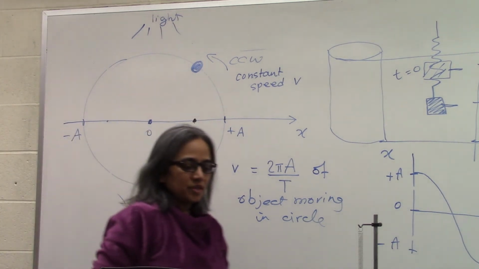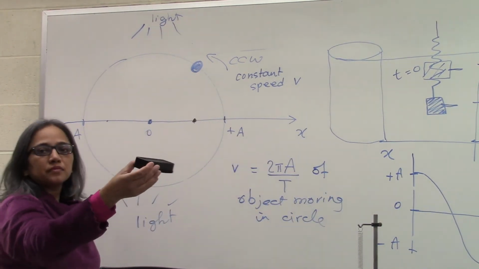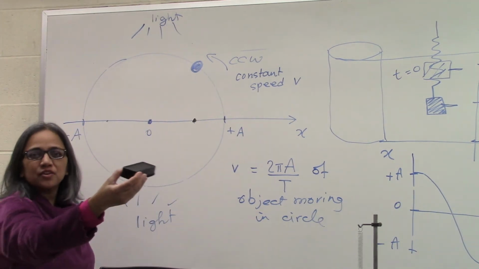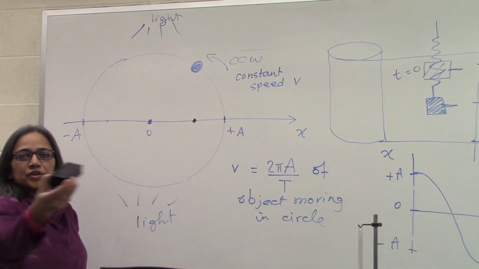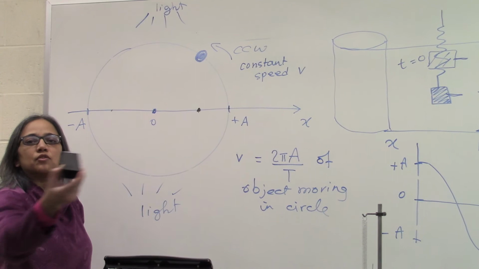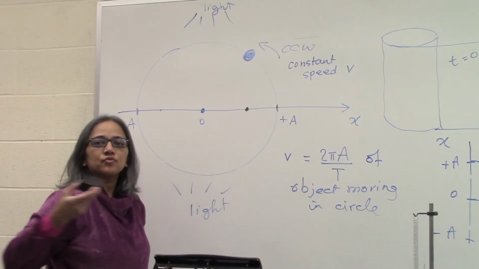What I want you to think about then is, let's say I take this eraser and I move it in a circle. Okay, so now I've taken this circle and made it horizontal. If you're looking at this eraser edge on, what you will essentially see is that the eraser is actually oscillating back and forth.